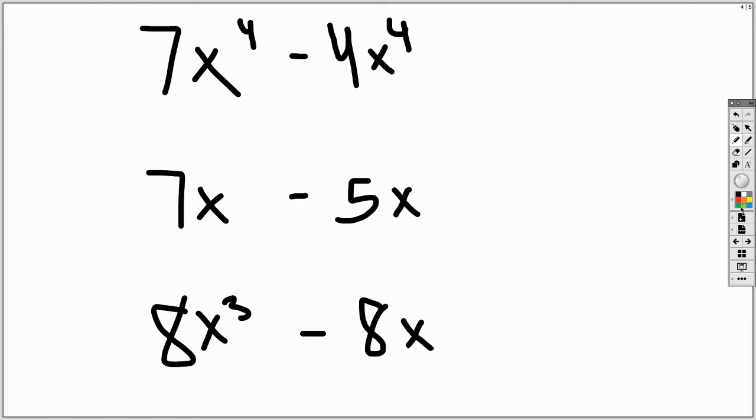Okay. So pause the video and solve it if you want to solve it. So first thing I check, same bases, yes. Same exponents, yes.